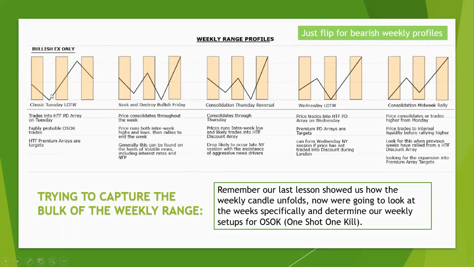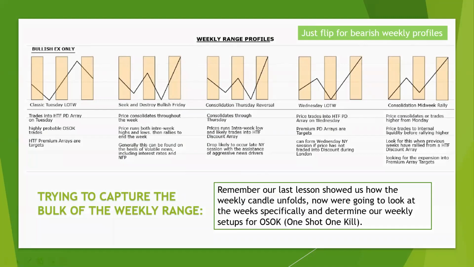For instance, instead of it being classic Tuesday low of the week, it would be classic Tuesday high of the week, and you would just draw it opposite of how it looks, and that's for every single one. And anything that trades down into a bearish order block would trade up into a bullish one or something, and then trade down, and a discount would be a target. But anyways, let's get into these ones here.